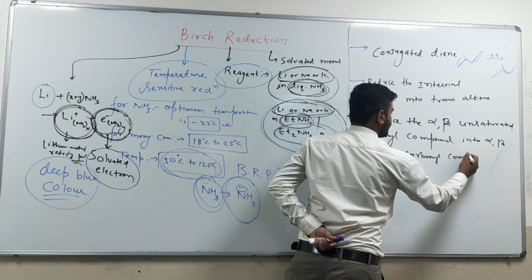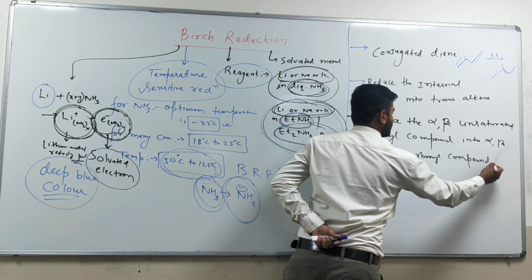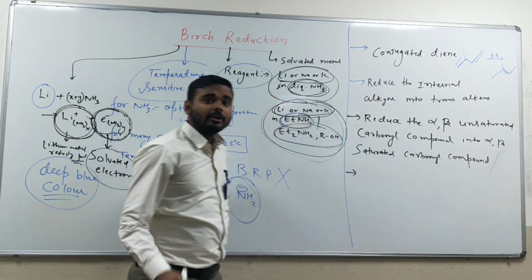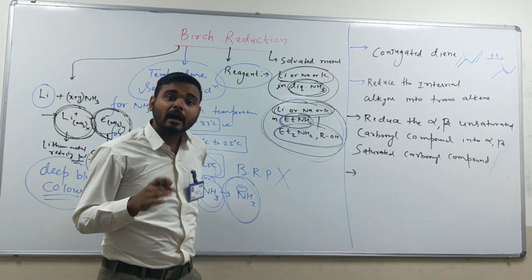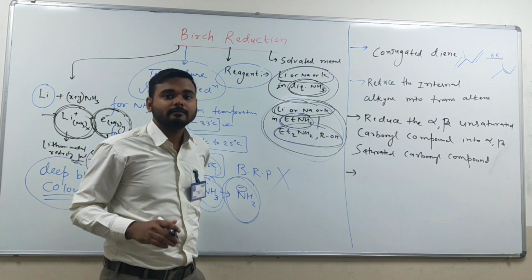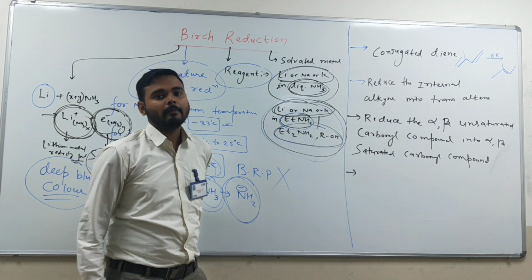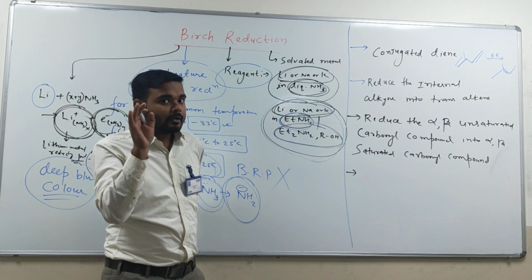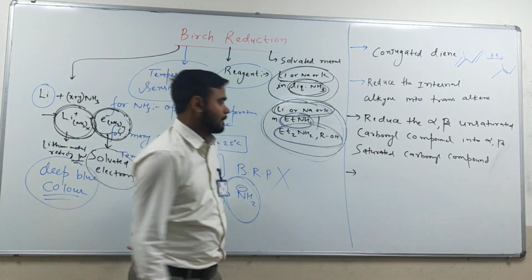And the very important last point which you need to keep in mind is that it will also reduce the aromatic compound partially, not completely. This is the very important beauty of this particular Birch reduction.